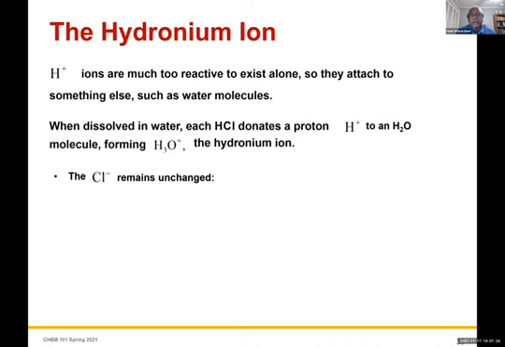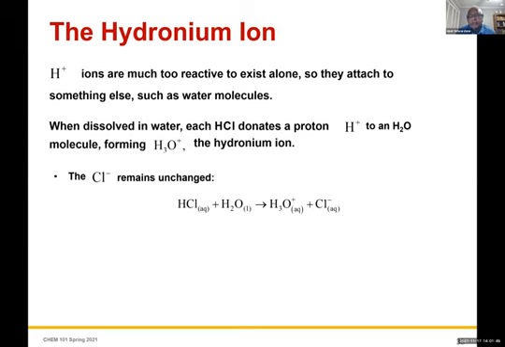H3O+, hydronium ion. When HCl dissolves in water, it produces solvated hydronium ions and solvated chloride ions. Chloride ions remain unchanged. Therefore, the correct way to show the dissociation of HCl is HCl with water produces hydronium ion and chloride ions.